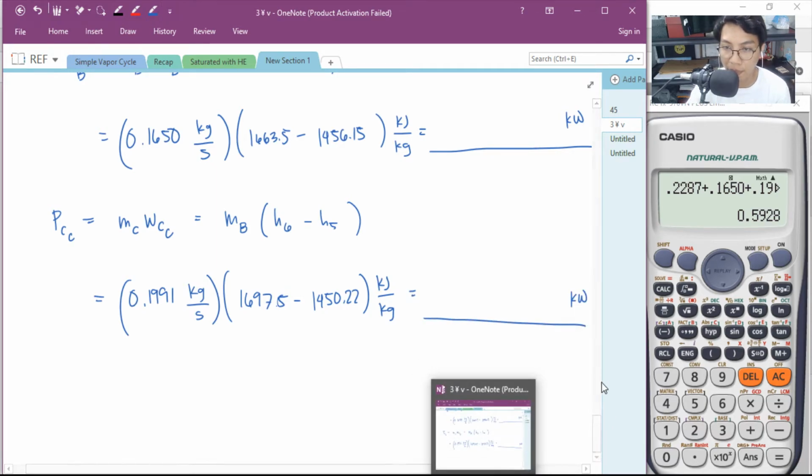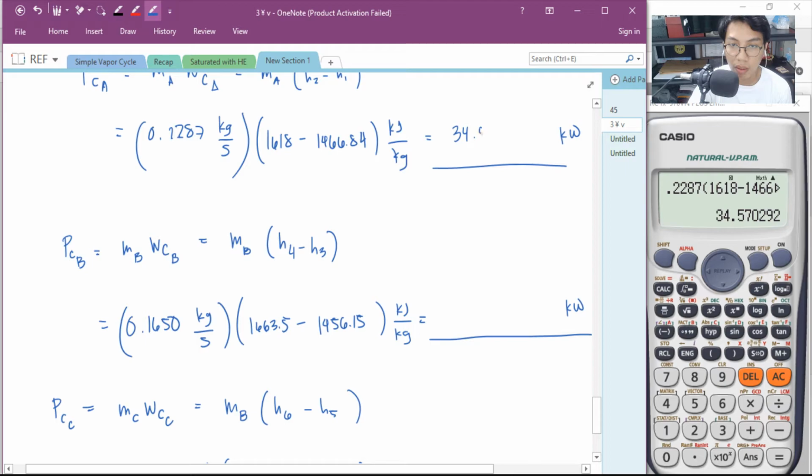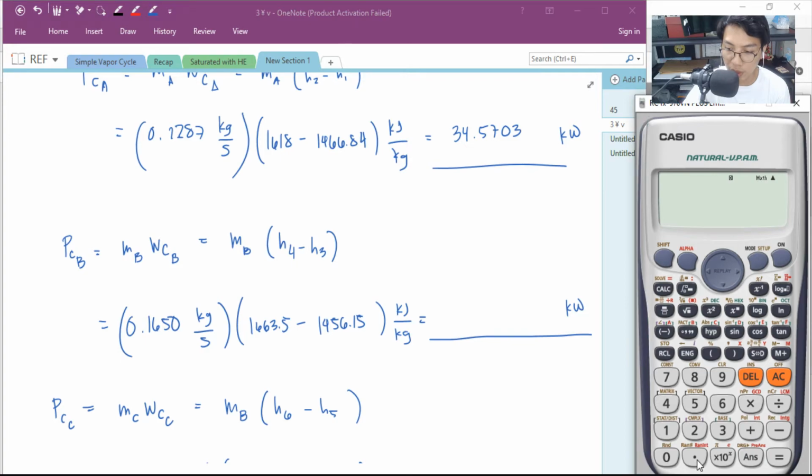Compute na natin isa-isa. So, 0.2287 multiplied to 1618 minus 1466.84, that is 34.5703 kilowatt. The next compressor, 0.1650 multiplied to 1663.5 minus 1456.15.